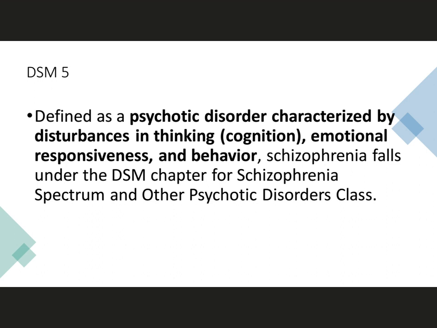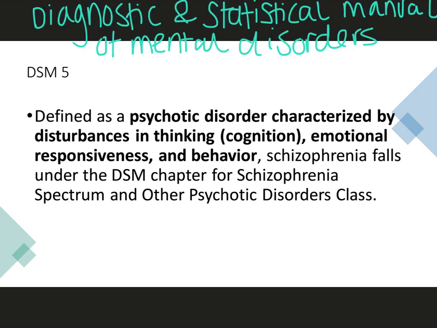The DSM-5 stands for the Diagnostic and Statistical Manual of Mental Health Disorders. And this is developed by the American Psychiatric Association, abbreviated to APA. So the DSM is a standardized classification for mental disorders used by mental health professionals in the United States.